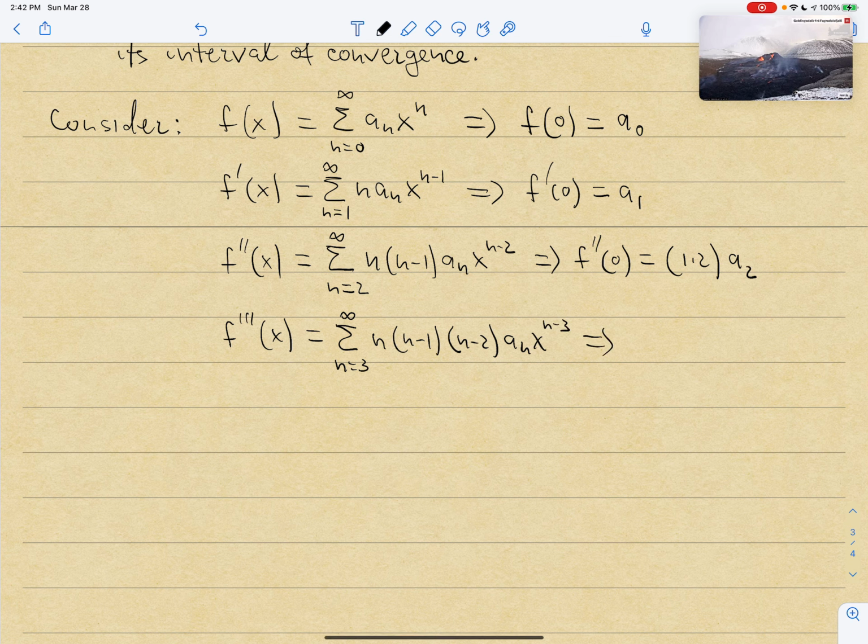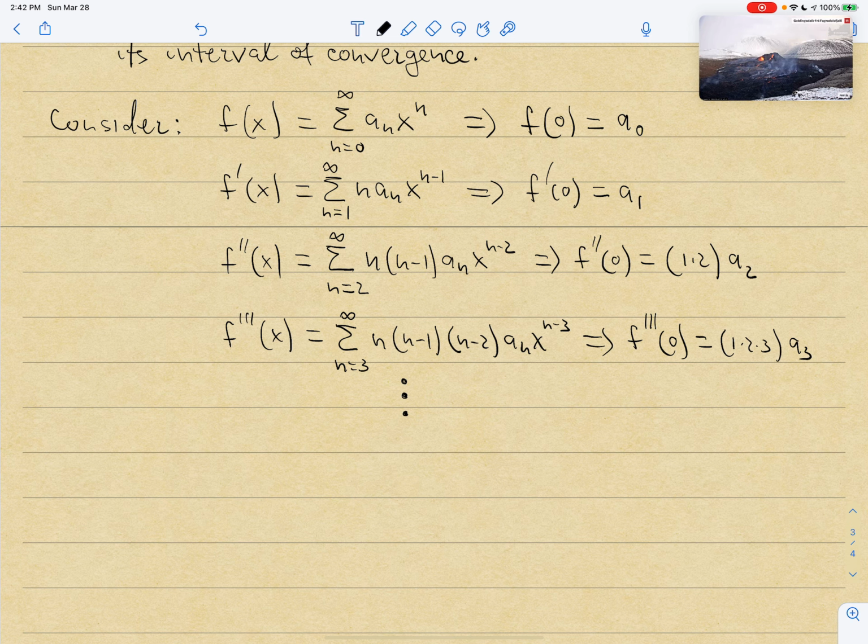Once again, plug in 0. Only the first term without x survives. That's the term with n being equal to 3. So if n is 3, then this is x to the 0. This will become 3 times 2 times 1. So 1 times 2 times 3, a3.